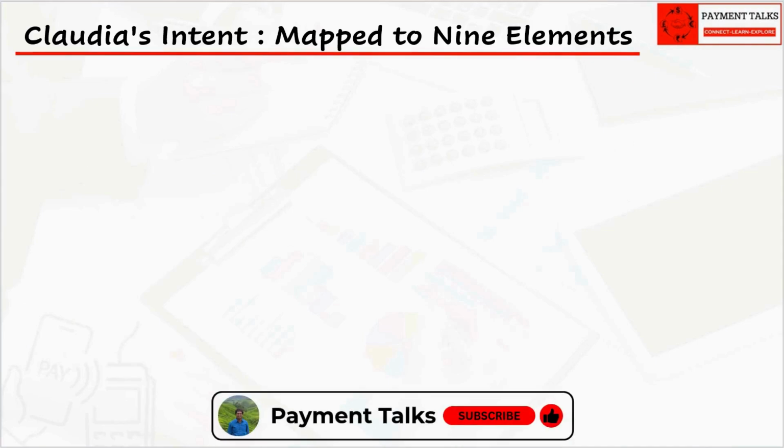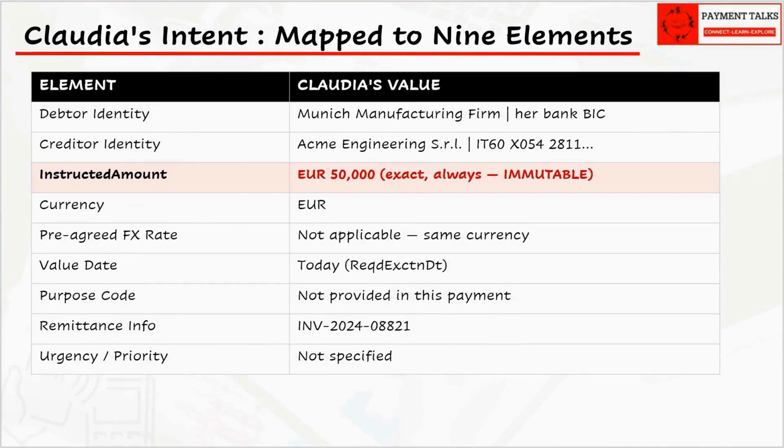Now, let me map Claudia's payment onto those 9 elements. Debtor identity, the Munich manufacturing firm with her bank's BIC. Creditor identity, Acme Engineering, the IBAN is given. And the creditor bank BIC, which the bank will derive from the IBAN. Instructed amount, euro 50,000 exact. Currency, euro.